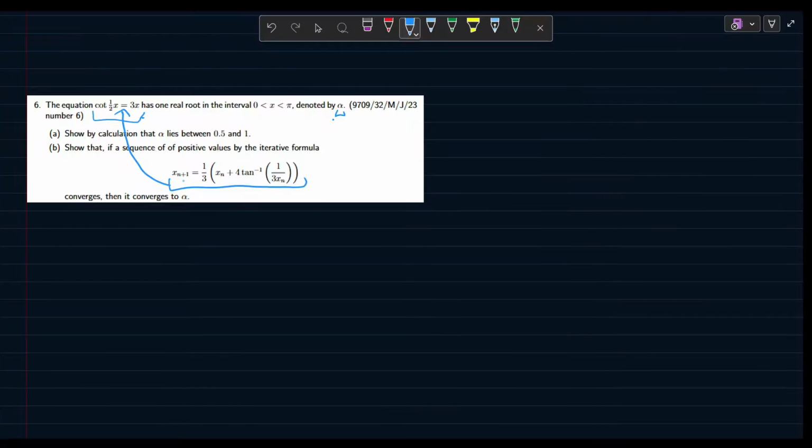We can start with our iterative formula and remove the n plus 1 and all the n's. This is x equals 1 over 3 times x plus 4 arctan of 1 over 3x, and our goal is to show that this is the same as cot x over 2 equals 3x. So to do that, let's start by multiplying through by 3 to get rid of this 3.